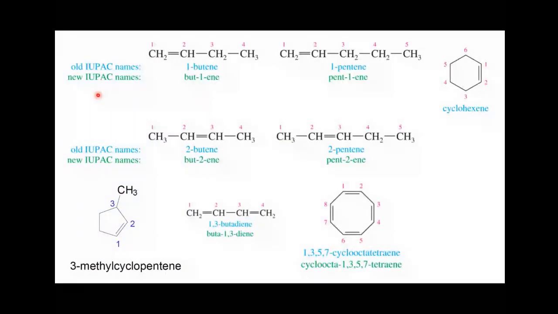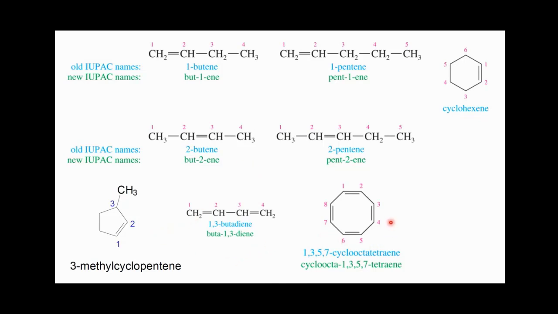So examples. Look at the green names. For this one, it would be but-1-ene, because it's on carbon 1. For this ring, because it's always going to be in the 1 and 2 position, you don't have to put a number before the -ene part.